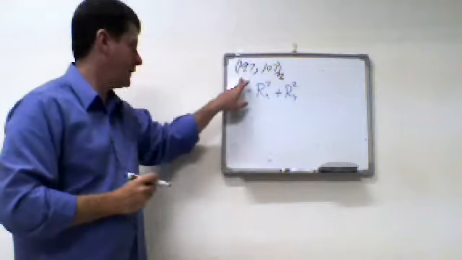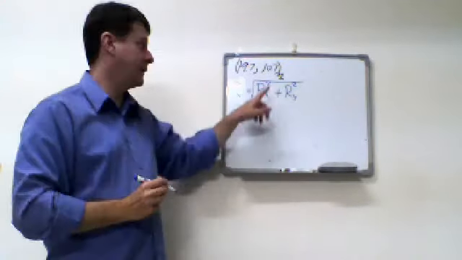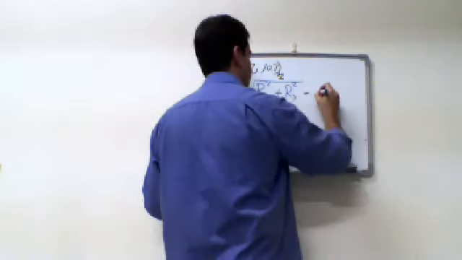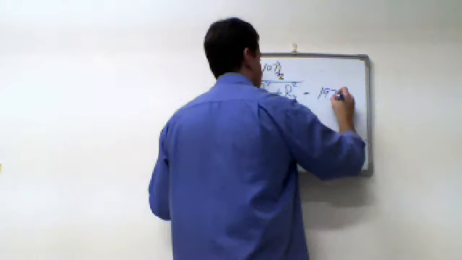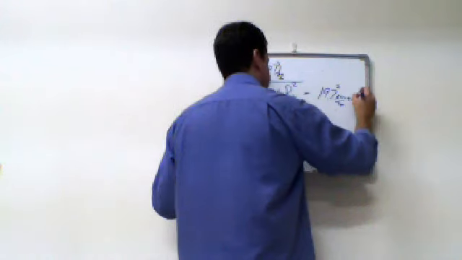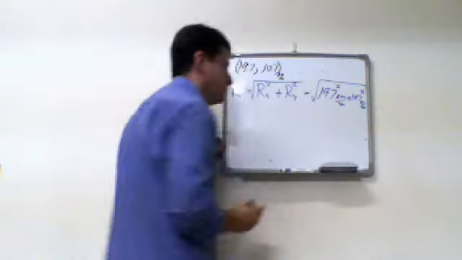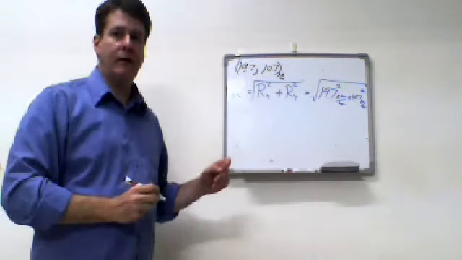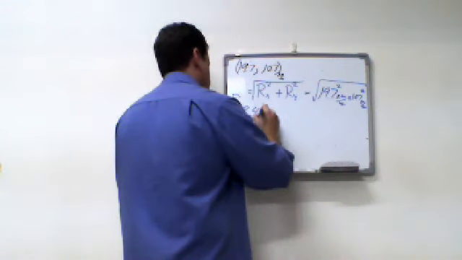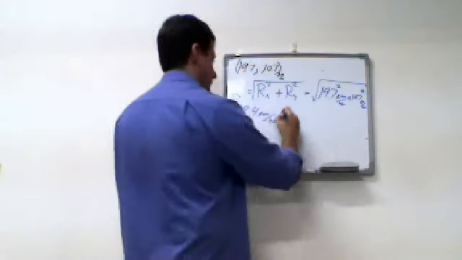Take the square root of both sides, that square root goes away, and we have the square root of R sub x squared plus R sub y squared gives us the magnitude of R. So we have 19.7 kilometers per hour squared plus 10.7 kilometers per hour squared, all square root. When we work this out, our value comes out to be 22.4 kilometers per hour. That is the magnitude of our resultant vector.